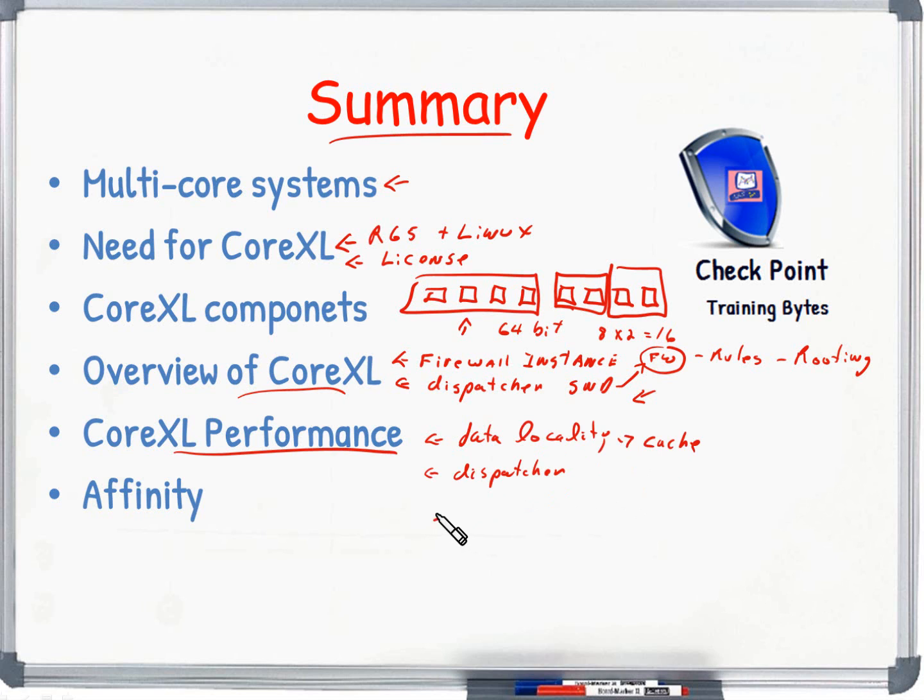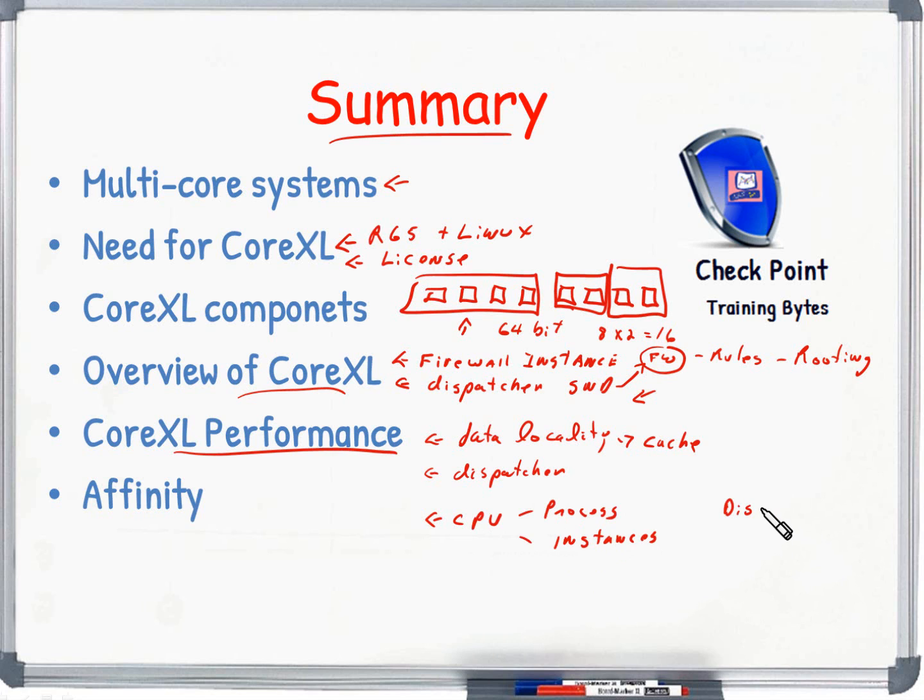Then we talked about core affinity. We talked about CPU affinity. CPU affinity is where we assign different processes, different dispatchers, and firewall instances to different CPUs. So I can assign firewall workers to 2 CPUs. I can assign firewall workers to 4 CPUs.